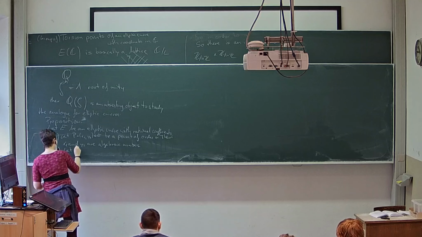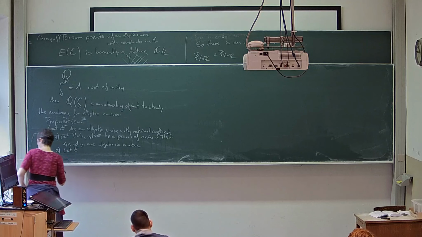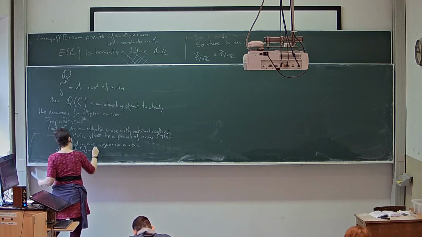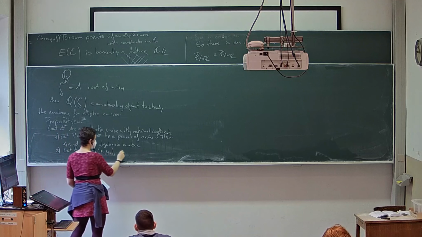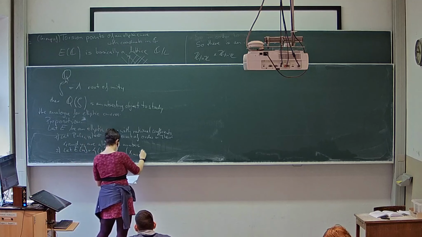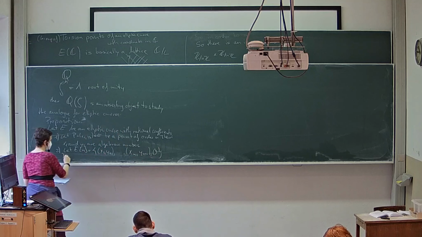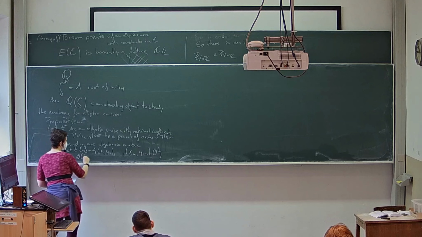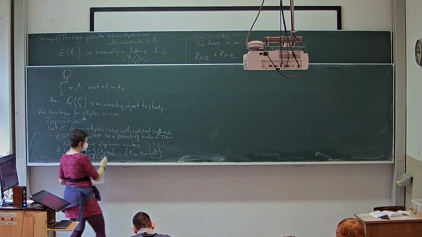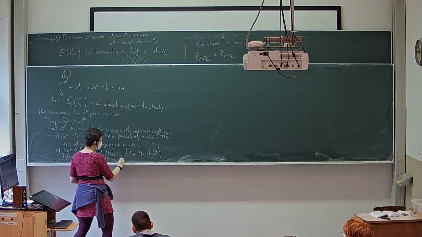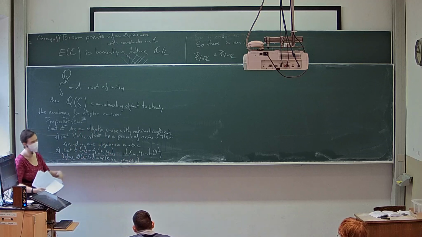Second, if those are the torsion points, then we define Q where we adjoin all the coordinates. And then this is a Galois extension.